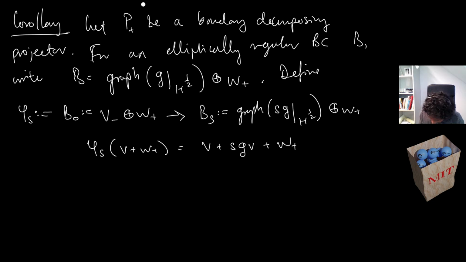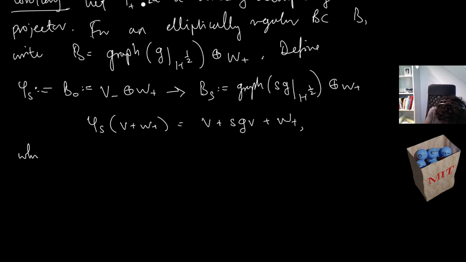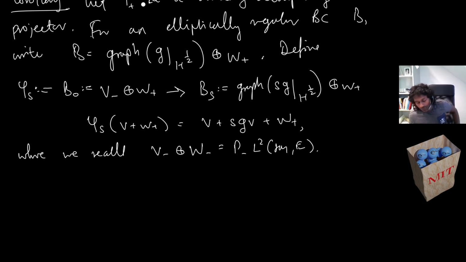It's a half, yes. Right. So where we recall that V minus plus W minus is equal to 1 minus P plus, right? Or P minus, L2 over the boundary, right? So recall that we have this decomposition, and I'll write plus minus is plus minus, right?